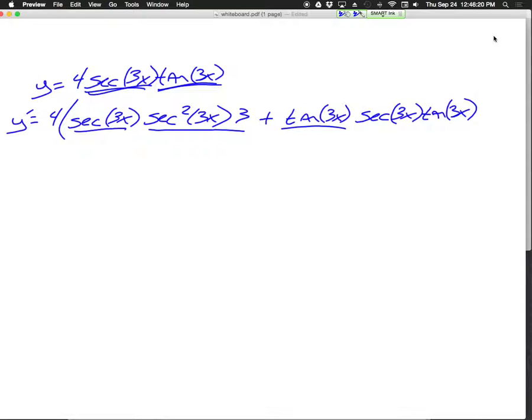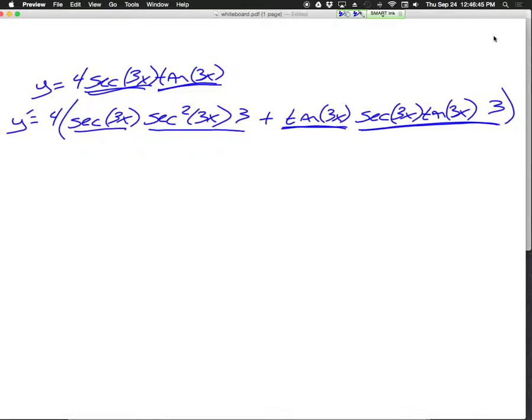And also on this one, don't forget the derivative of the inside, which is 3. You have to take the derivative of the inside of the trig function. The derivative of 3x is 3.